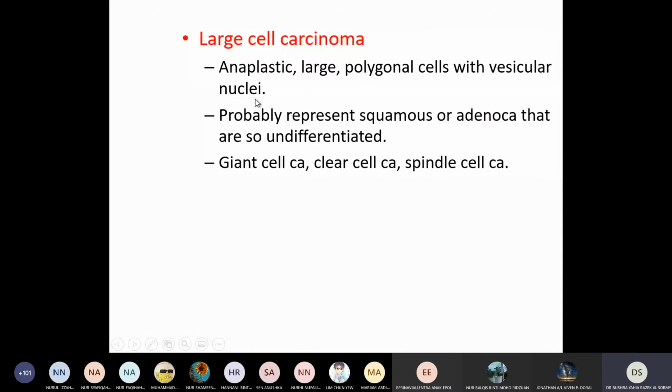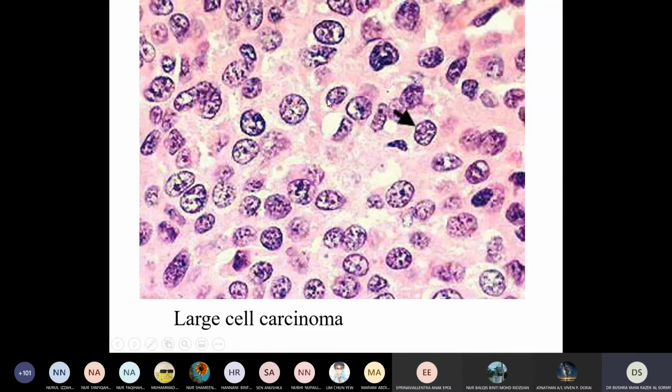Large cell carcinoma is anaplastic, with large polygonal cells with vesicular nuclei. It probably represents squamous or adenocarcinoma that are undifferentiated, giant cell, clear cell, and spindle cells. When we see this kind of cells, there is no squamous differentiation, no gland differentiation, and the cells are large with abundant cytoplasm.